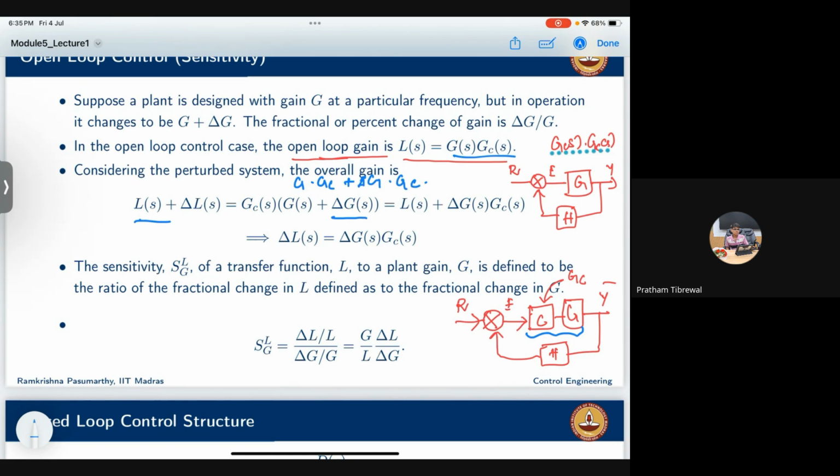I'm taking GC as common and putting G and delta G inside, where delta G is a perturbation. Perturbation means we are introducing some disturbances. After adding the disturbance, we call it a perturbed system. If you take this common, you will get L of S, which is already defined here, as G of S plus delta G of S. So delta L of S will be delta G into GC. How you can write the sensitivity of a system is the transfer function.